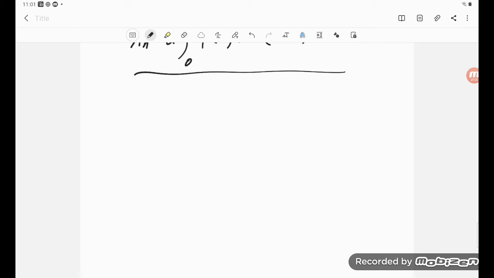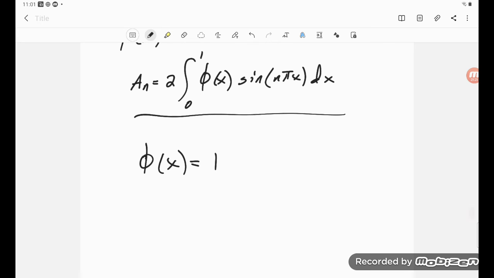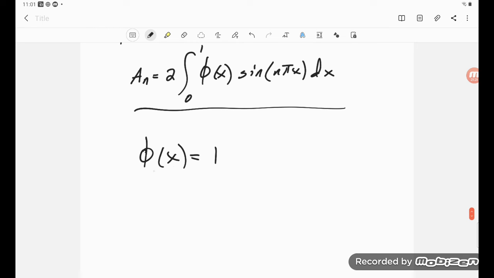But just to point out, if you had something like phi of x equal to 1, which actually wouldn't make a lot of sense with homogeneous boundary conditions at 0, but one of your homework problems just mentions this, then a sub 1 would just be 2 times the integral from 0 to 1 of sine of pi x dx.